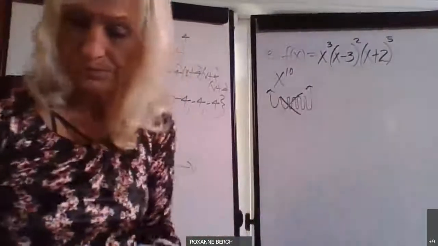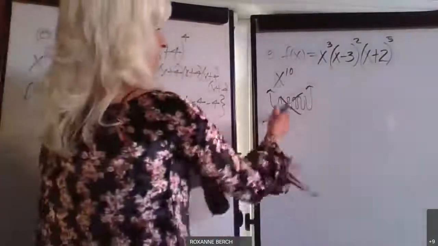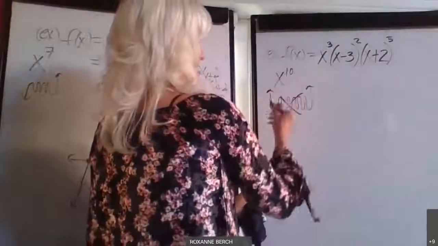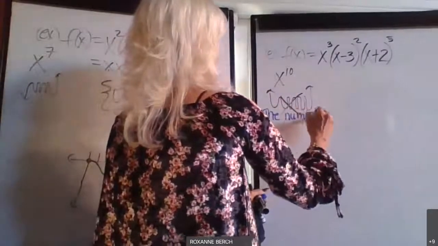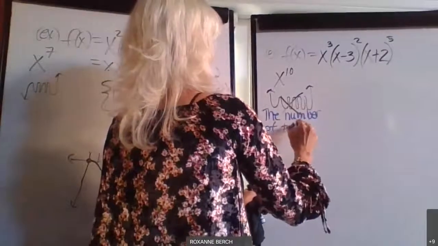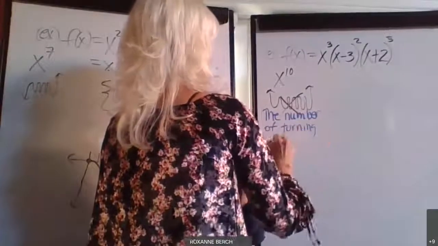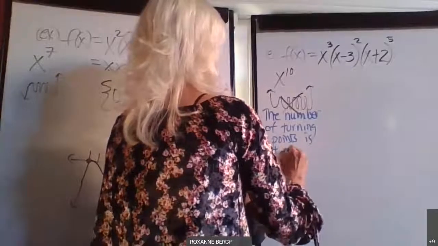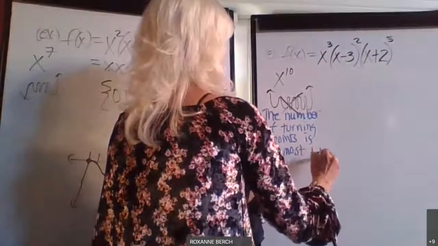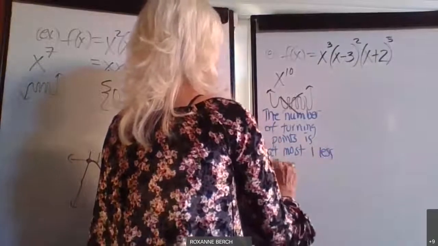But let's make a note. The number of turning points is at most 1 less than the degree.